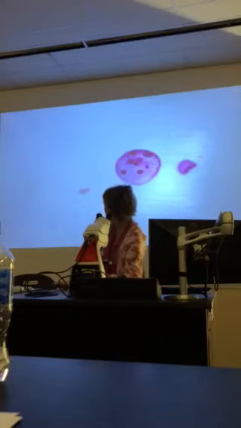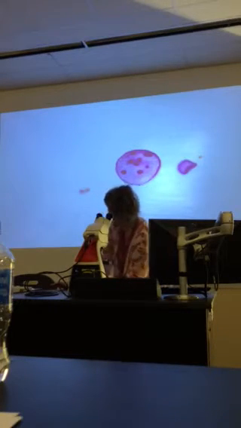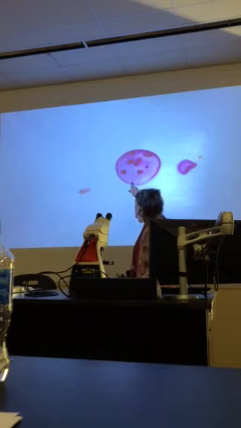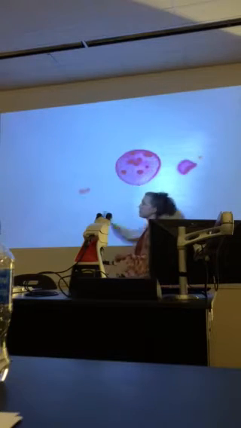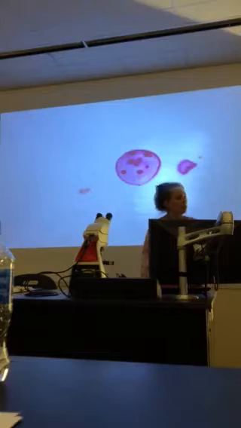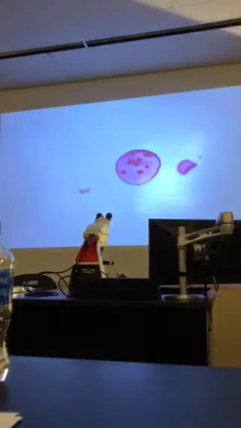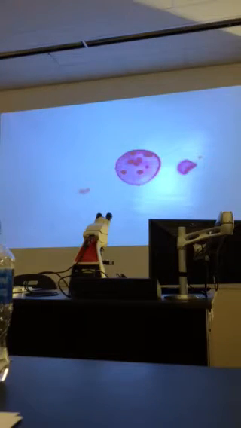Who is this? Volvox. Very good. What do I call the little tiny dots? Those are individual cells. What do I call the little smaller balls inside of that? Those are daughter colonies. What kind of algae is it?